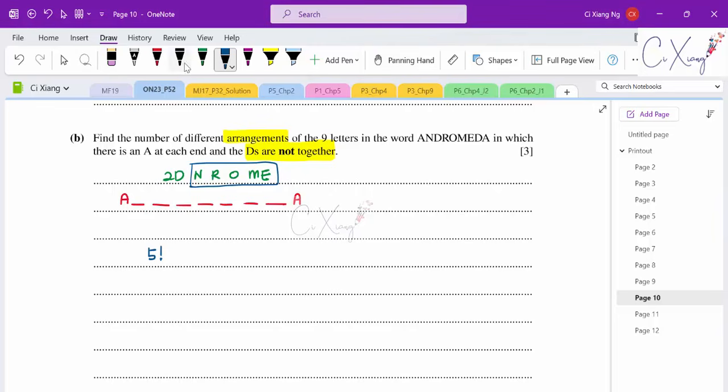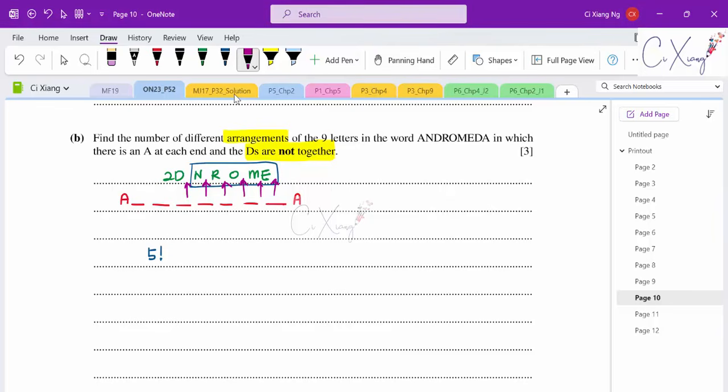After you arrange these 5 letters, now you want to slot in the D between the 5 letters so that the 2D will be separated. So how many spaces are available for you to slot in the 2D? I draw arrows here: 1, 2, 3, 4, 5, 6. So you can see that there are 6 spaces available for 2D.